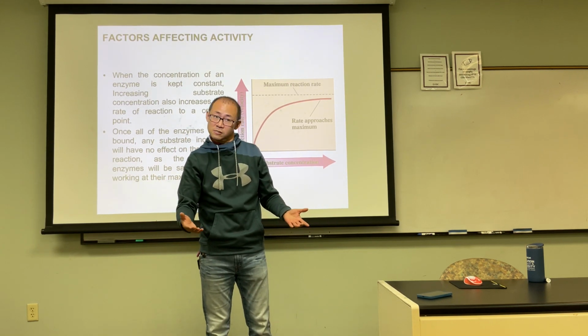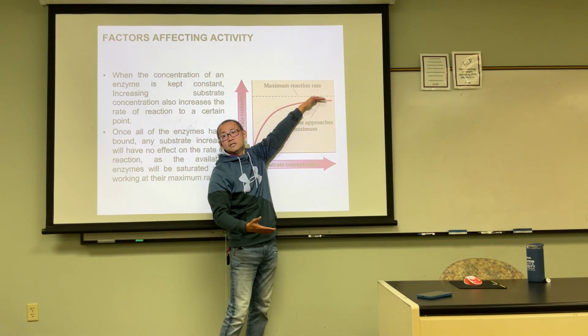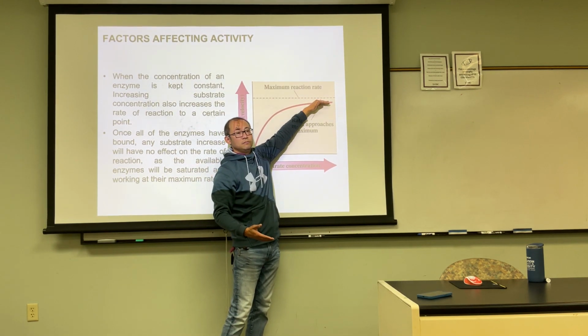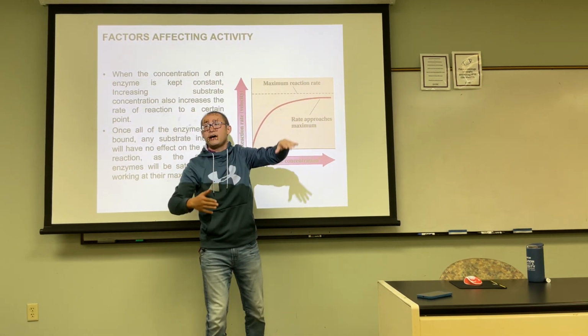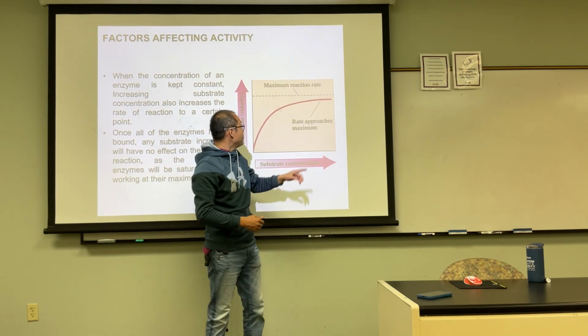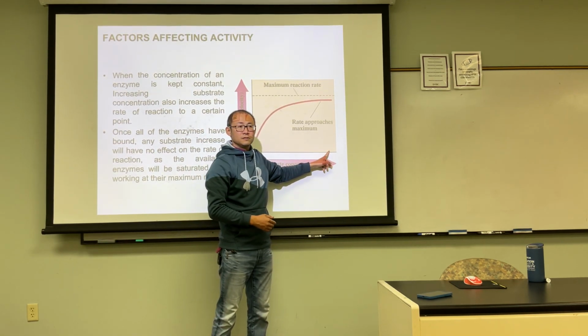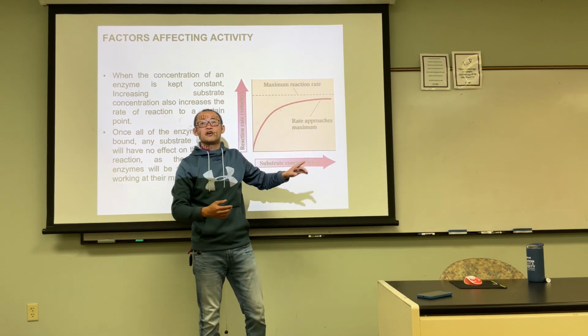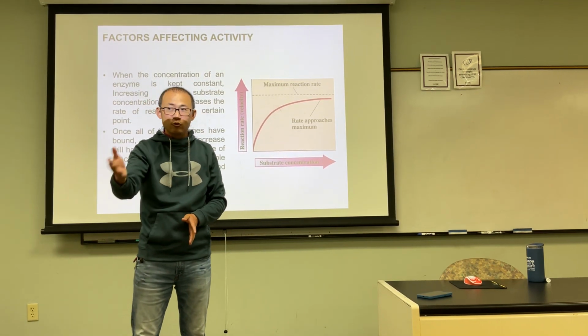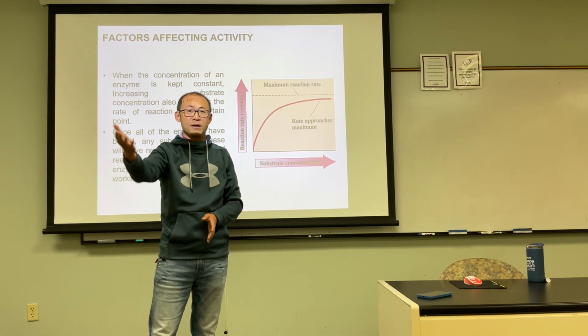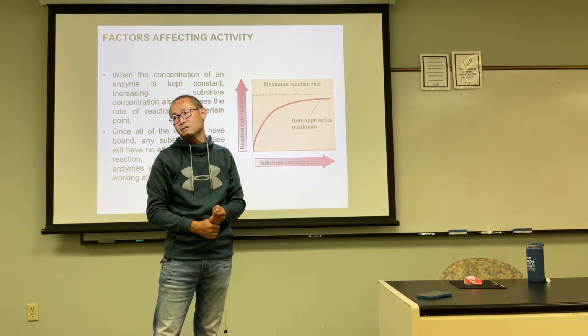At that point, the enzyme reached the maximum velocity. That is why you see the plateau, the flat out. Because at that point, your enzymes are all occupied. All seats taken. You have to wait for somebody to get up before a new guy can come in.